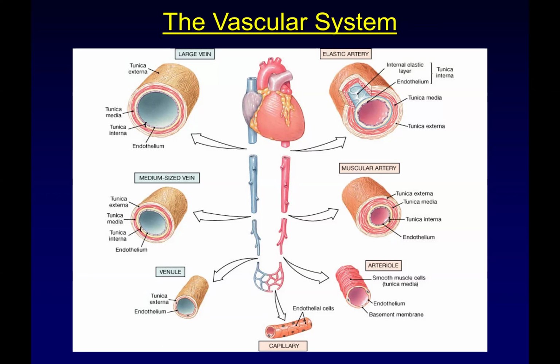We call this process of making it small vasoconstriction, and we call making it larger vasodilation. They are, in fact, one word. I just ran out of room and wrote them as two. So arteries, and especially arterioles, have an ability to vasoconstrict and vasodilate.